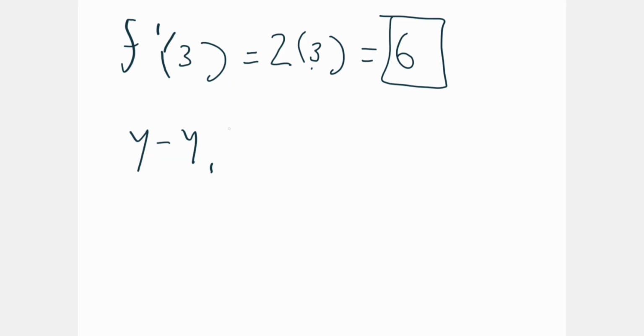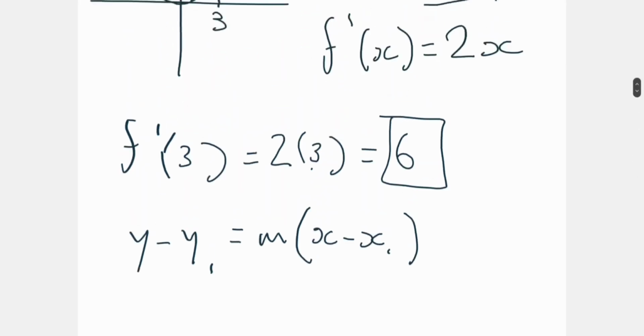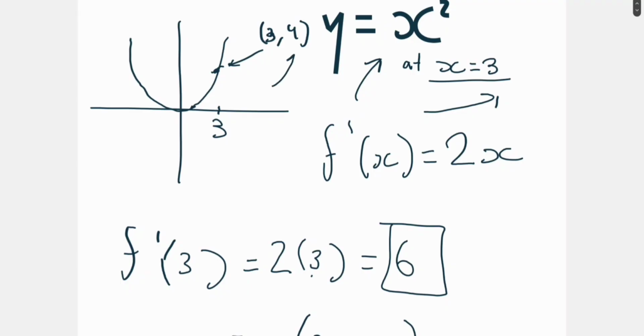So this is our formula: y minus y1 equals the slope times x minus x1. In this case, y1 is going to be 9.